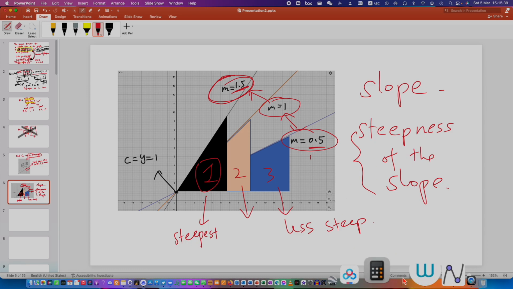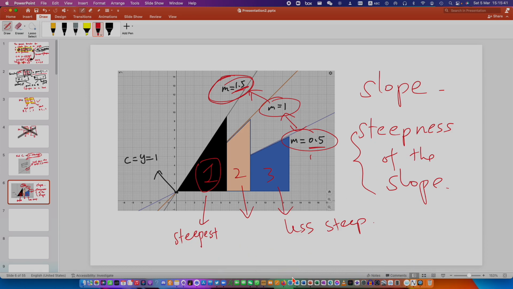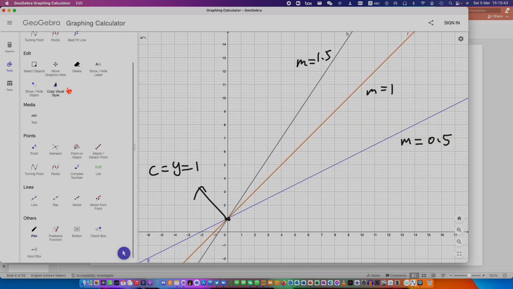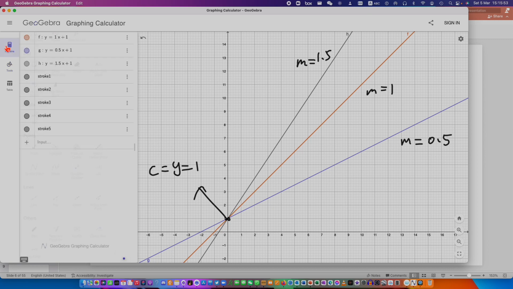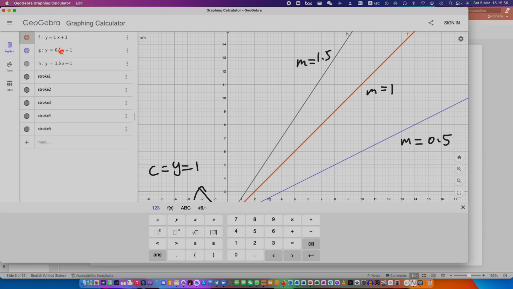Then what about negative gradient? Let me change all of this. Instead of 1.5, 1 and 0.5, let's just give each a negative: negative to 1, negative to 0.5, negative to 1.5.